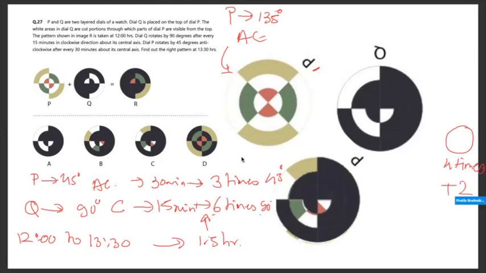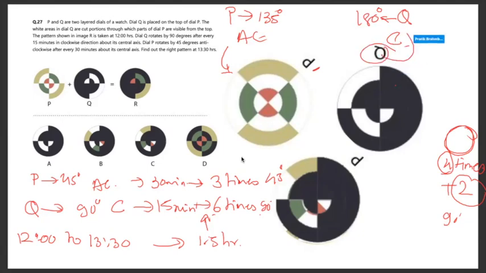After rotating 4 times it will come back to its original position, and then it will additionally rotate 2 times 90 degrees, which means Q has to rotate 180 degrees from the current position in the clockwise direction. This is the rotated position of Q at 1:30, and this is how the rotated position of P will look at 1:30.